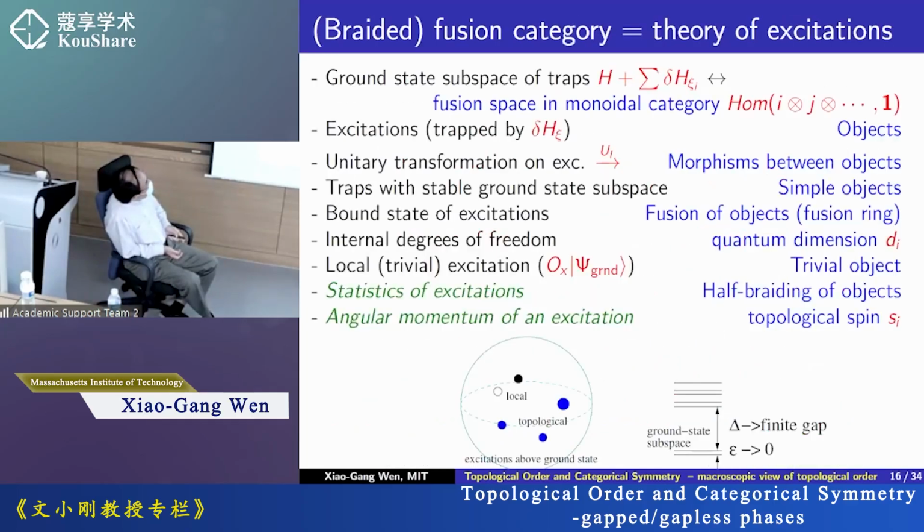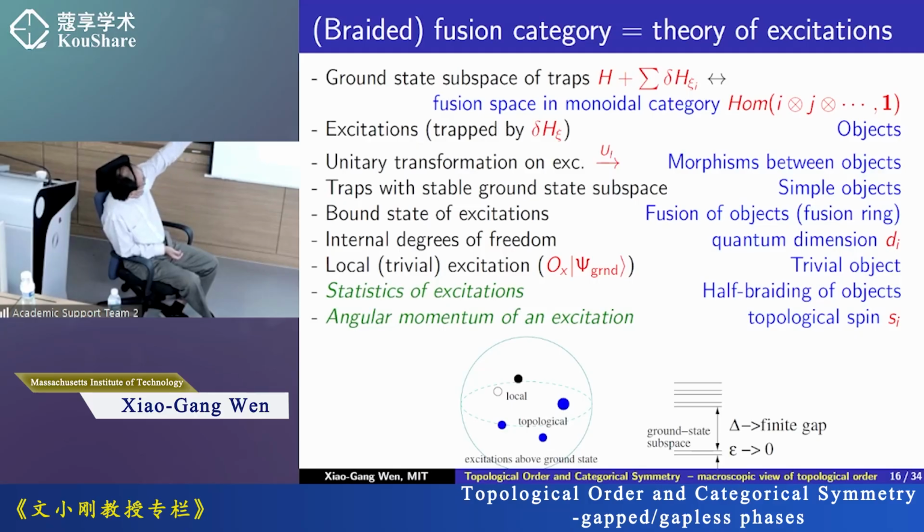Before I go into that, let me just mention that this fusion space, the ground state subspace, is a fusion space in category theory, and there's a lot of correspondence. In category theory we have an object, we have morphisms between objects, we have simple objects, composite objects, and there's a fusion ring and the quantum dimension, etc. And here we just have correspondence for all of them.